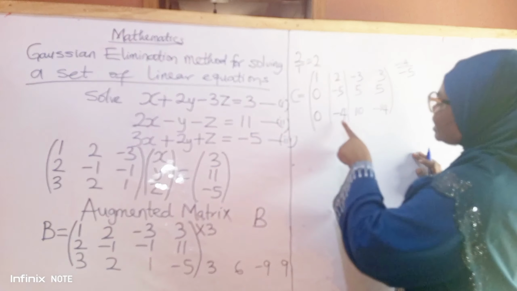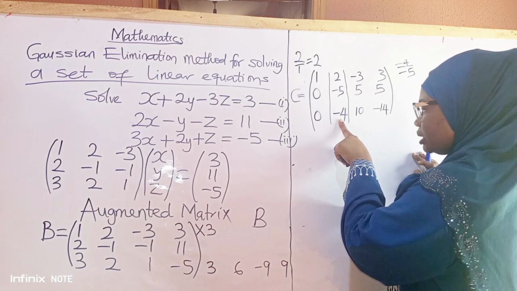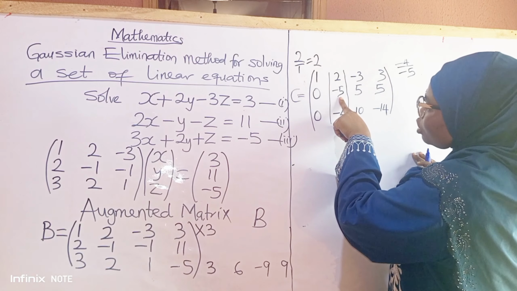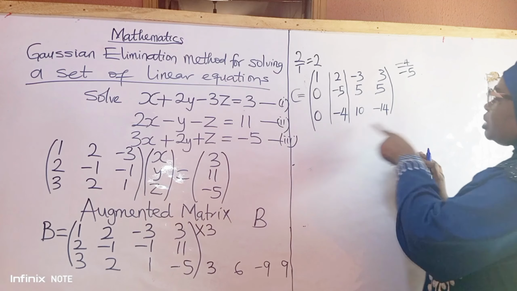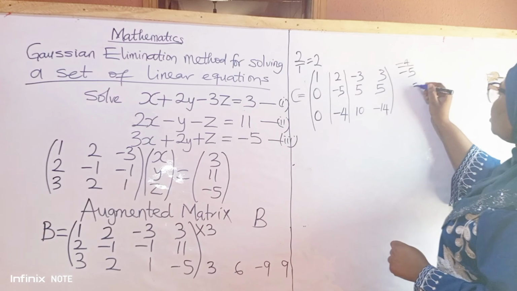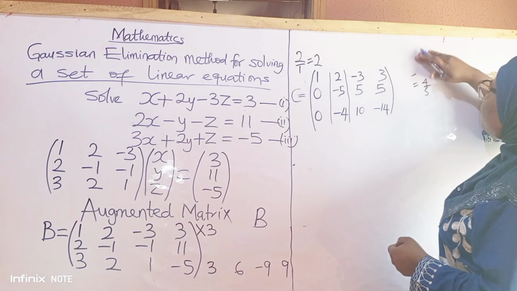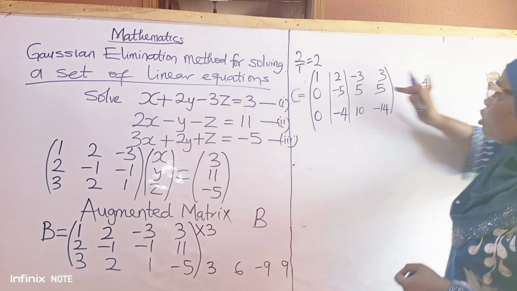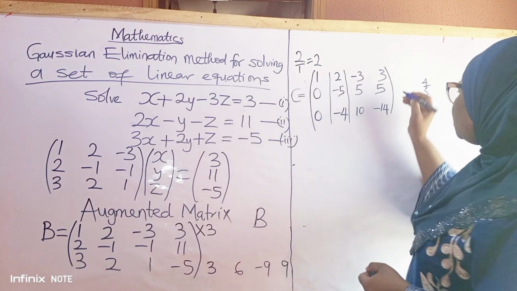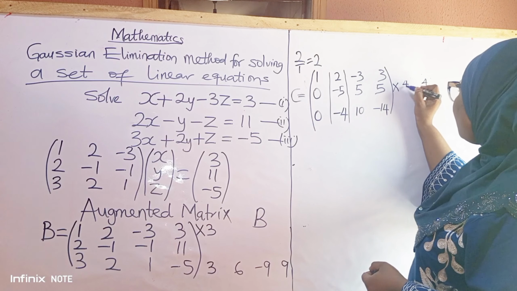You divide the last element of the second column by the second element of the second column. So it will be minus 4 divided by minus 5, which is equal to 4 over 5. It is this 4 over 5 that we now use to multiply the second row of the new matrix. So you multiply everything here by 4 over 5.